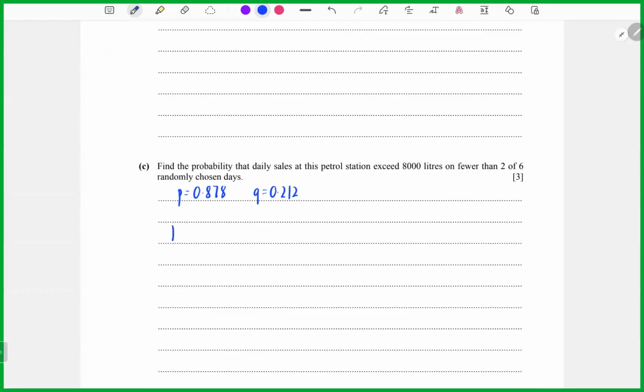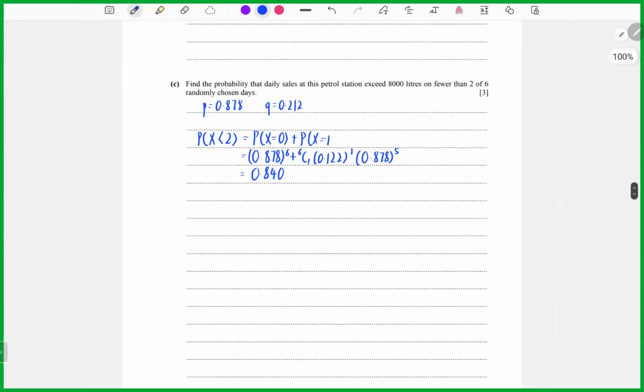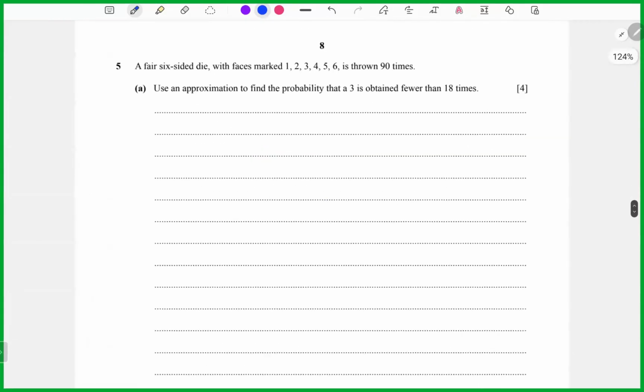Because this is a binomial distribution question, you can solve it this way. Put 1 here, and then put 5 here. So it equals 0.840.